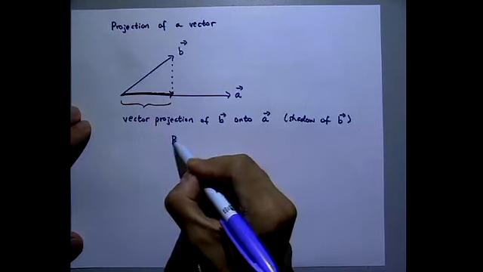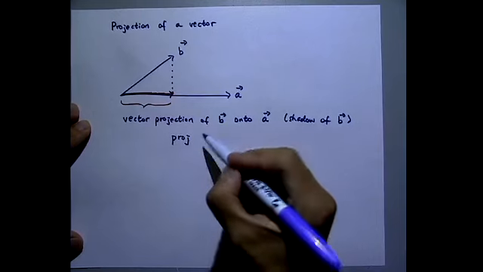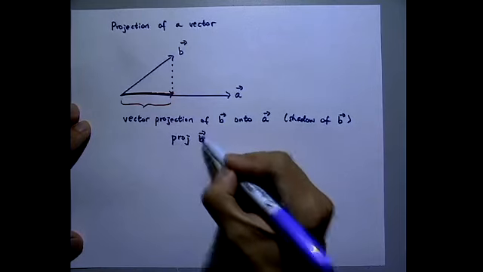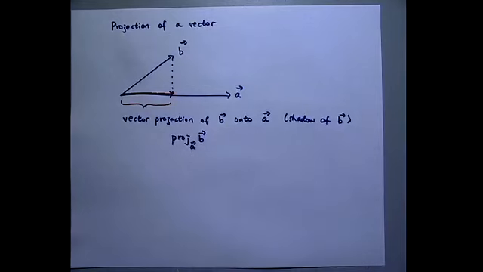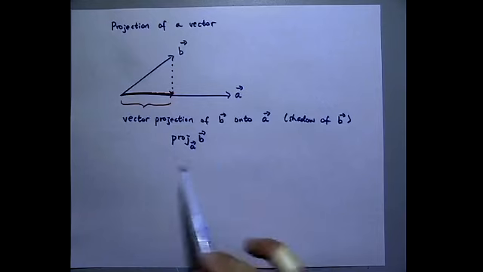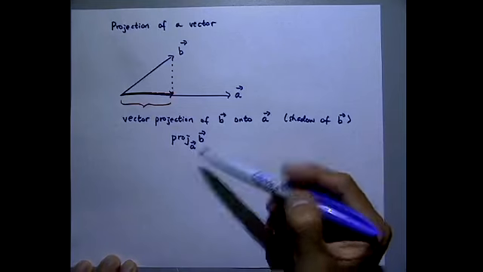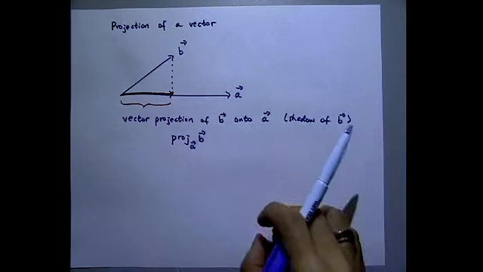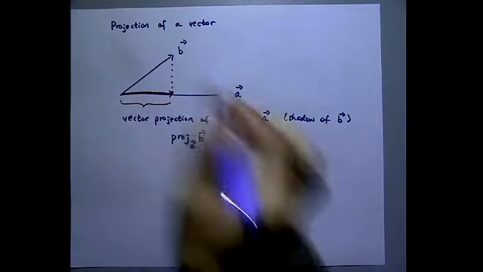You write the four letters P-R-O-J for projection, and then B here, and then vector A as a subscript of the four letters P-R-O-J. So whenever you see this, we're dealing with the projection of B onto A. A is in the subscript, so it's lower, which helps you remember it is this picture here.